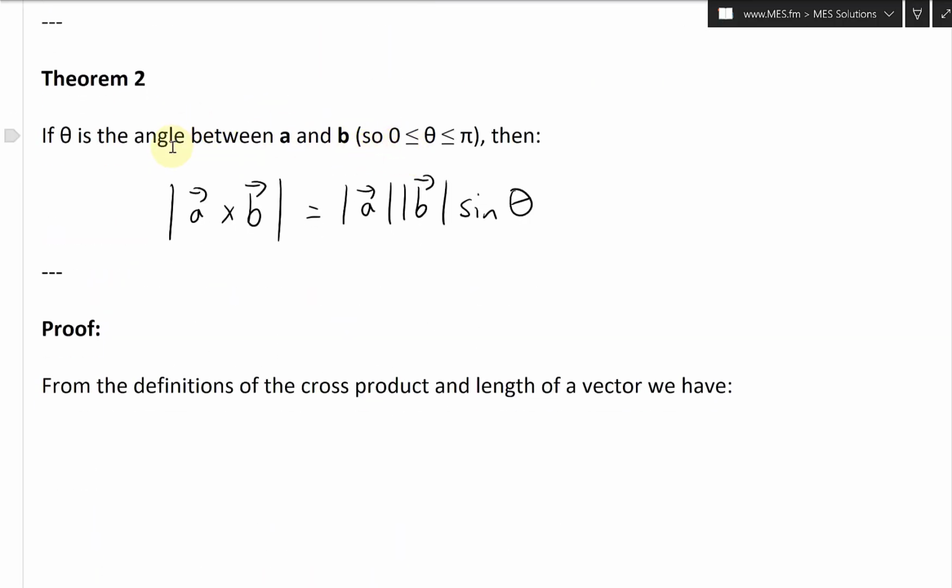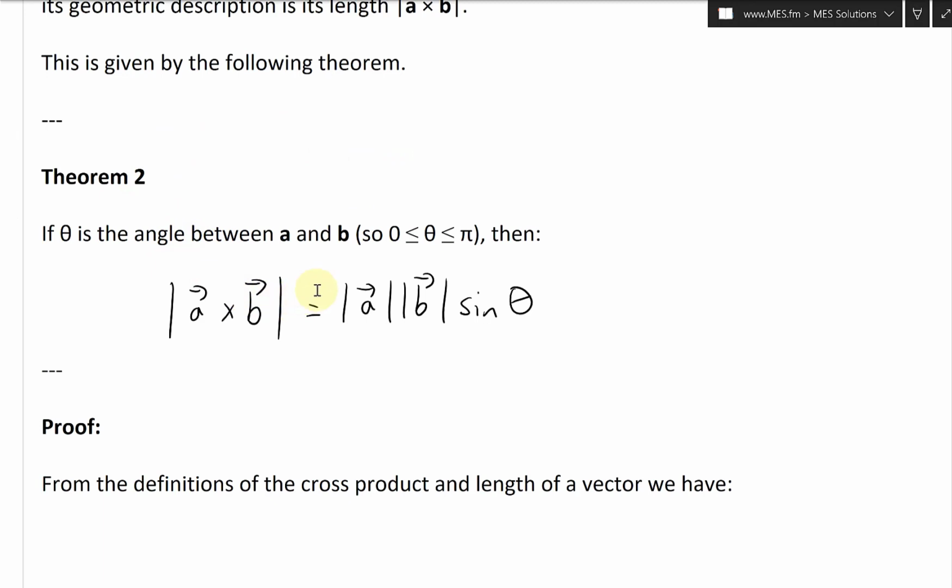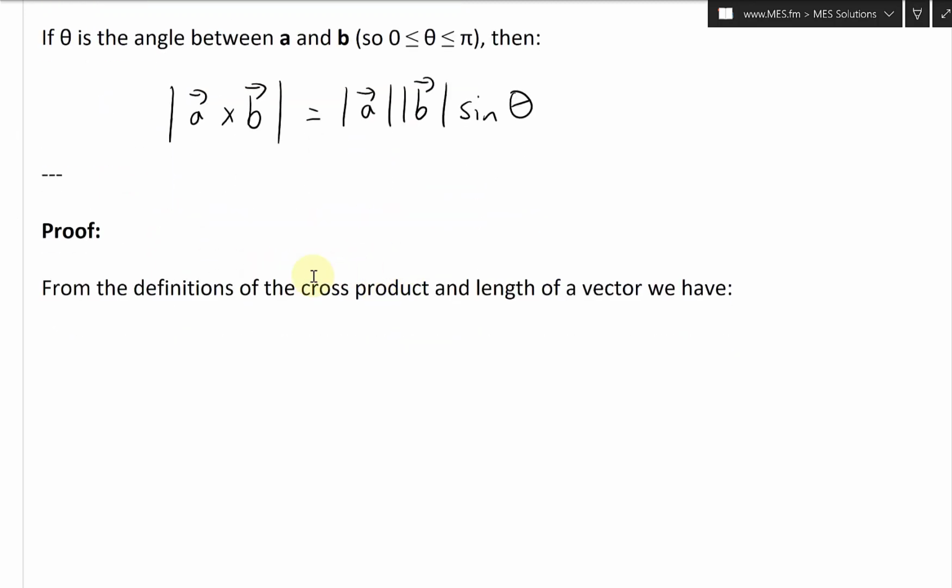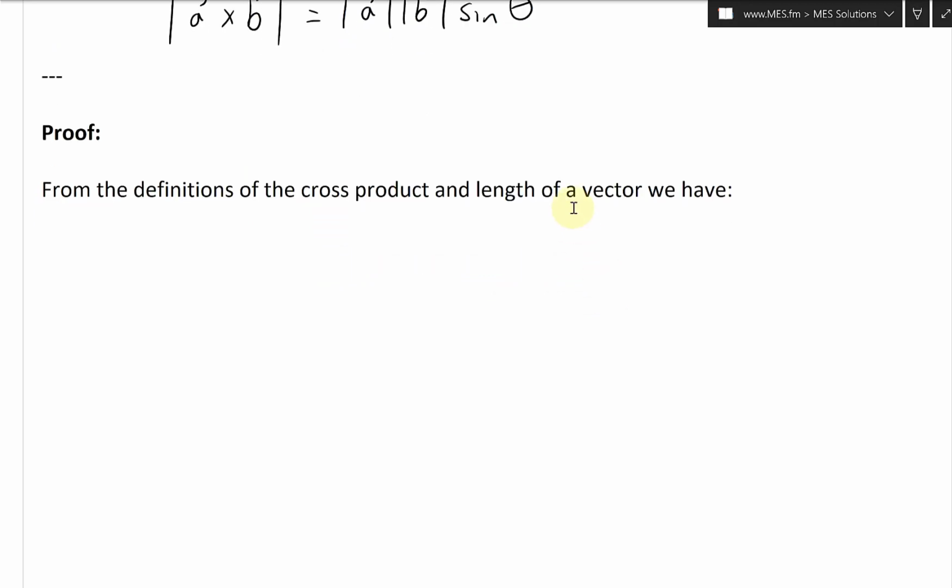Alright, now let's take a look at the proof of theorem 2. The proof is quite extensive, just very tedious, but pretty straightforward. So let's just jump right in. From the definitions of the cross product and length of a vector, as in my earlier video, basically the distance length formula, let's write this down.